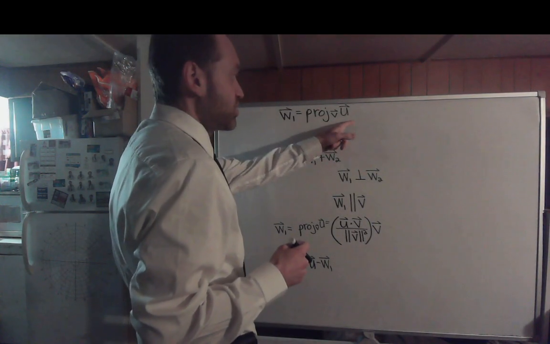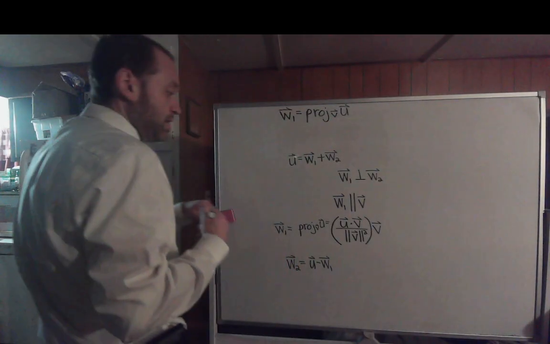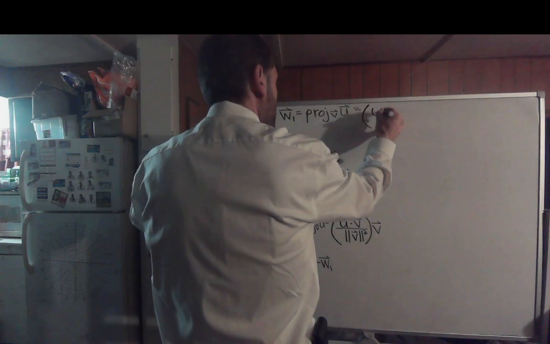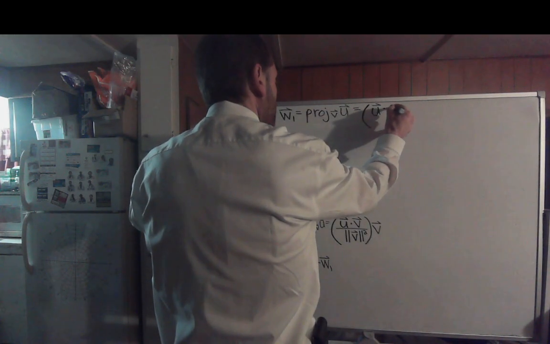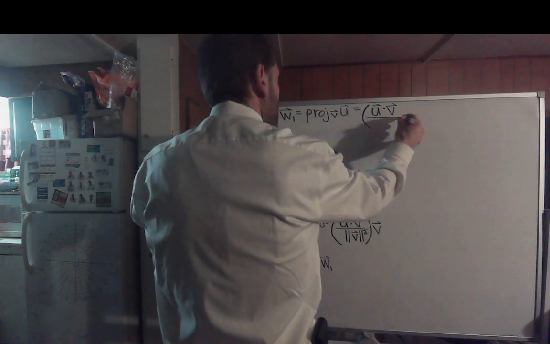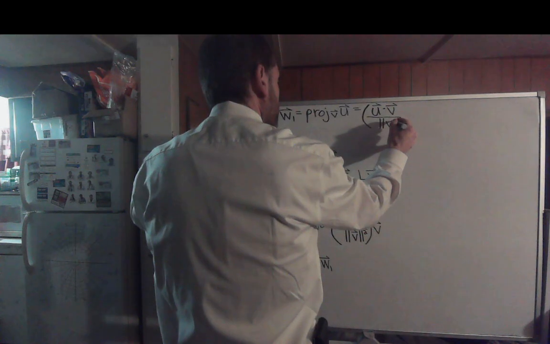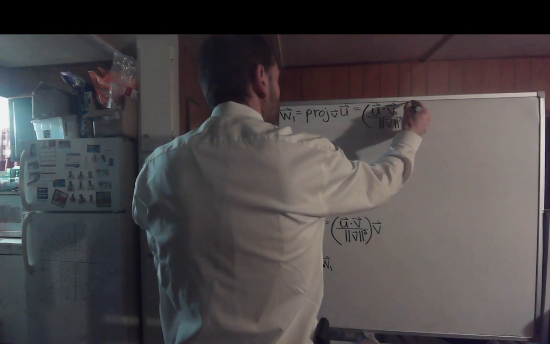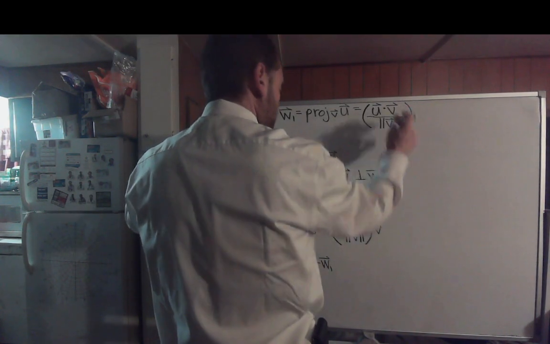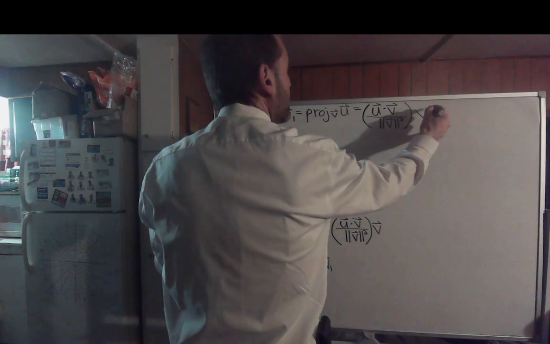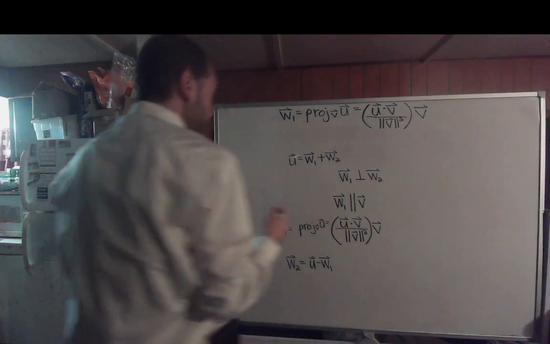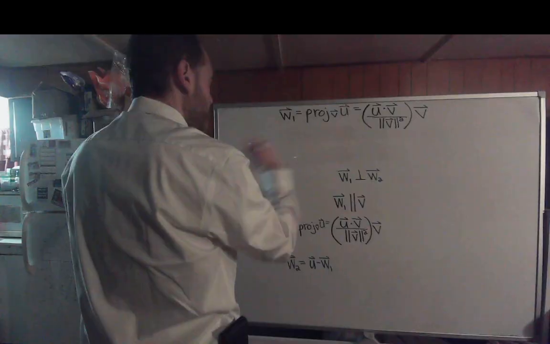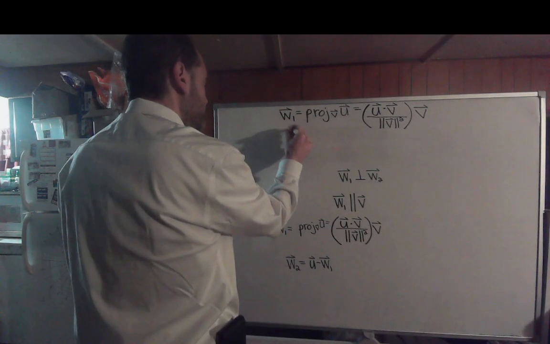It's actually the projection of vector u onto v, which is going to equal, of course, the dot product of vector u and v divided by the magnitude of vector v raised to the second power. So you're going to have a scalar in your parentheses times vector v. Alright, I'll even write u equals w sub 1 plus w sub 2 up here.